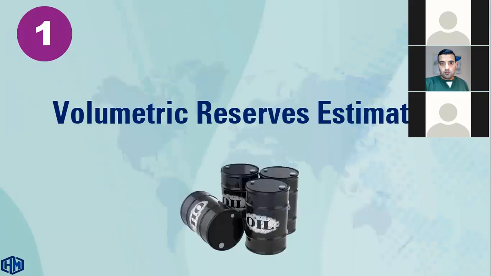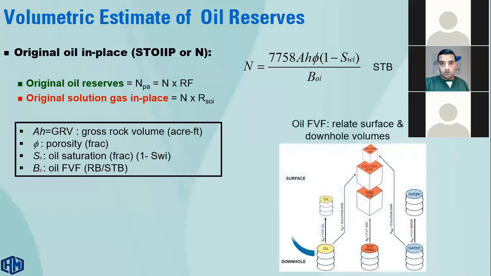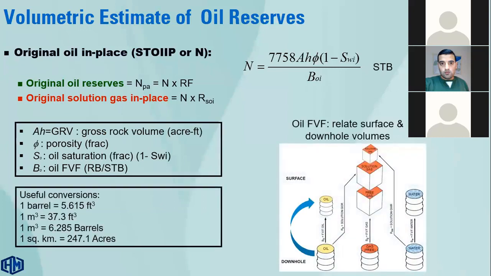The first technique is volumetric reserve estimation. I think all of you are familiar with this equation. The STOIIP, original oil in place or N, will be calculated using this equation as a function of area, H, phi, Swi, and Boi, the initial oil formation volume factor, in units of stock tank barrels.